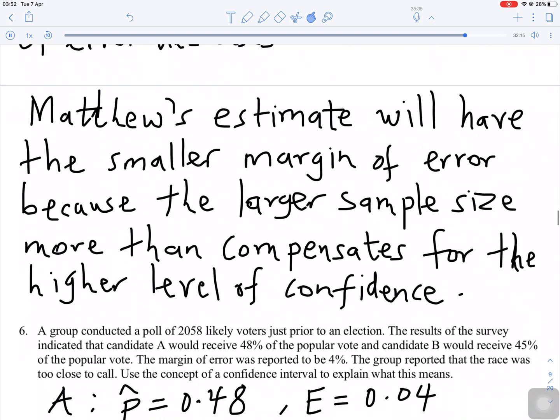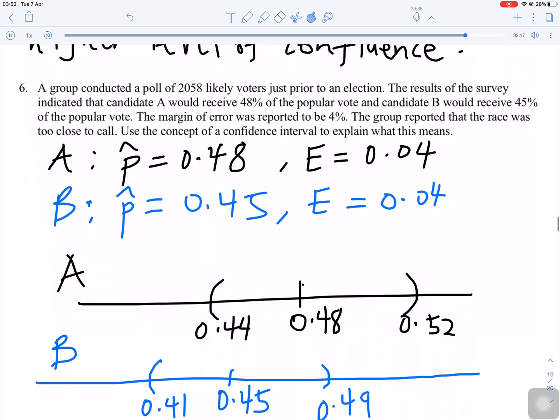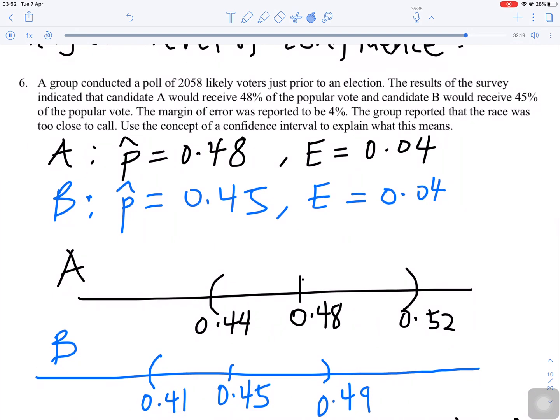Okay. Then finally, for question 6, it reads, a group conducted a poll of 2,058 likely voters just prior to an election. So a group is trying to conduct a poll to see who will win, right?